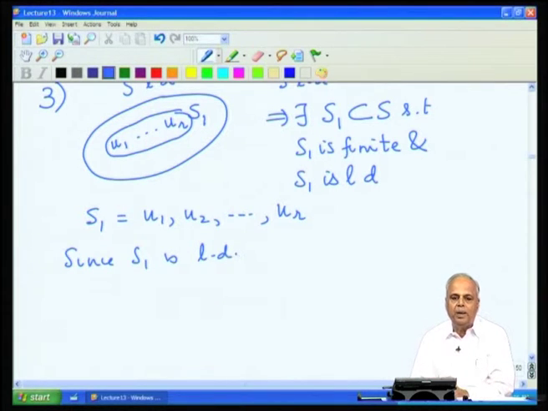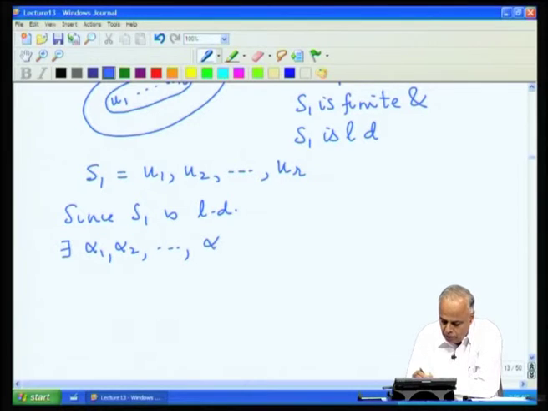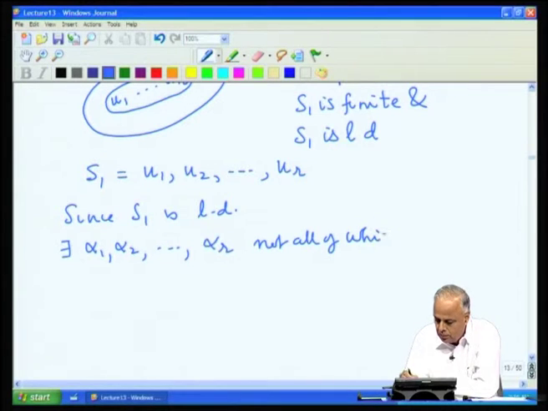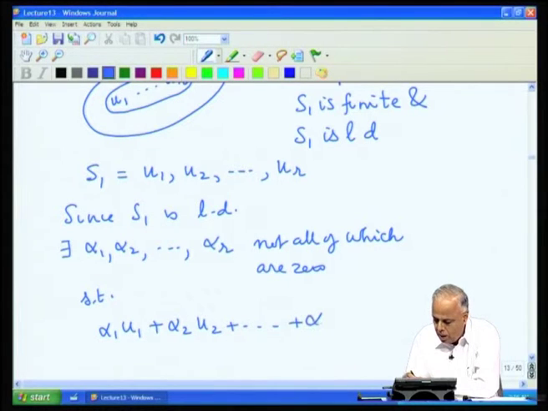A finite set is linearly dependent if we can write a linear combination which gives the 0 vector without all the coefficients being 0. So, there exist alpha 1, alpha 2, alpha r, not all of which are 0, such that alpha 1 u1 plus alpha 2 u2 plus alpha r ur is the 0 vector.